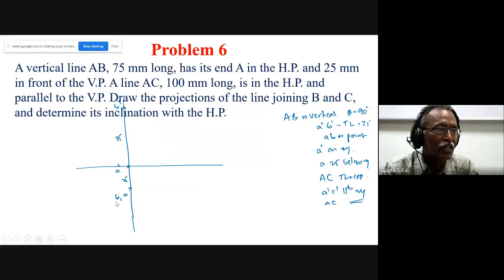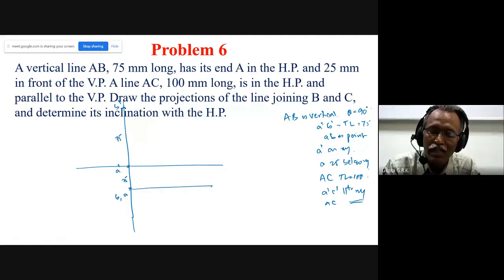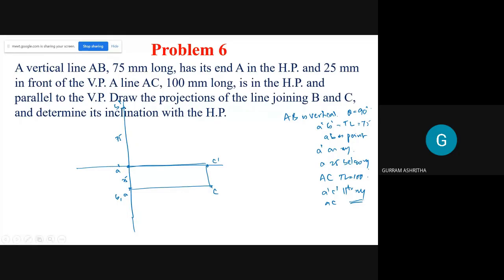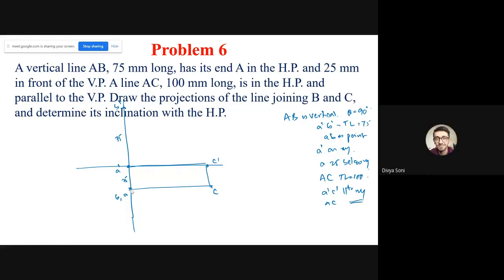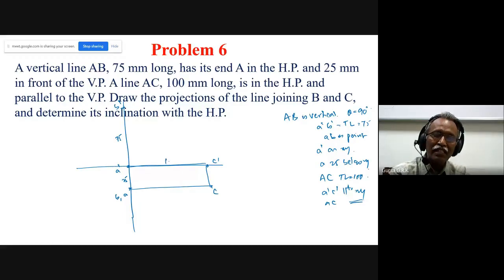So can I draw C and C dash? Take 100 length, it is C. Take 100 length, it is C dash. So AC and A dash C dash I got. It is parallel to both the planes and its length is 100. So front view length and top view length of AC is 100 only. So I got A dash, B dash, C dash, everything.